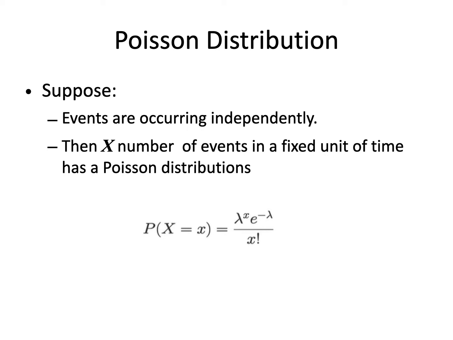Here the e represents the mathematical constant, the base of the natural logarithm, and its value is approximately 2.71828. And this probability mass function is used to calculate the probabilities for any value of x, that is 0, 1 to infinity, and lambda is the expected value of x given this lambda value.